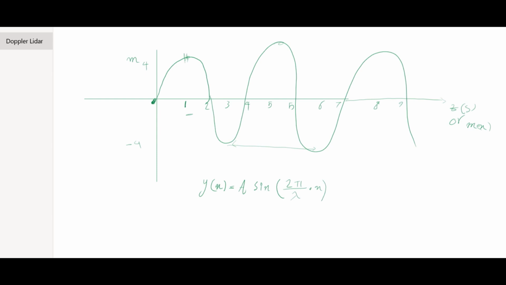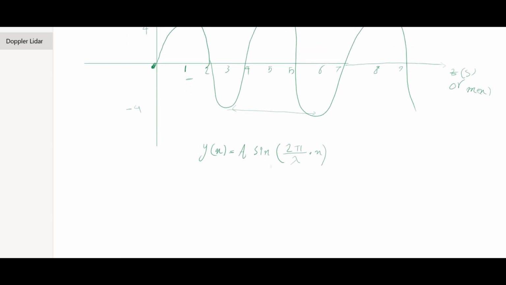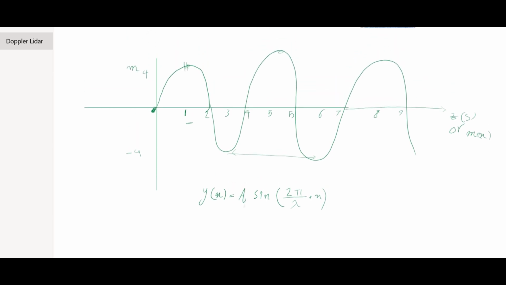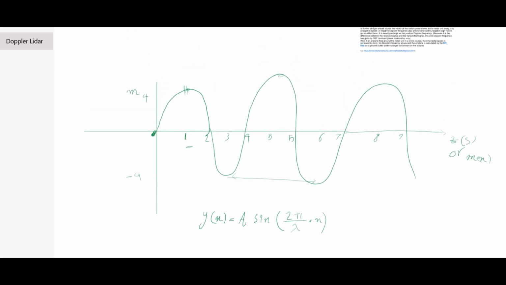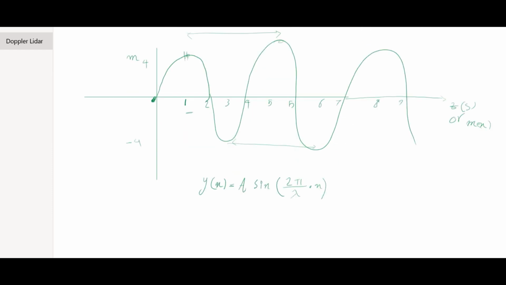Now let us try it. So my wavelength is going to be from 3 to 6, or it is going to be from 1 to 5, so it would be 4 meters. So what I'm saying here, that should actually be 2 pi for 1 cycle, from wherever to wherever.